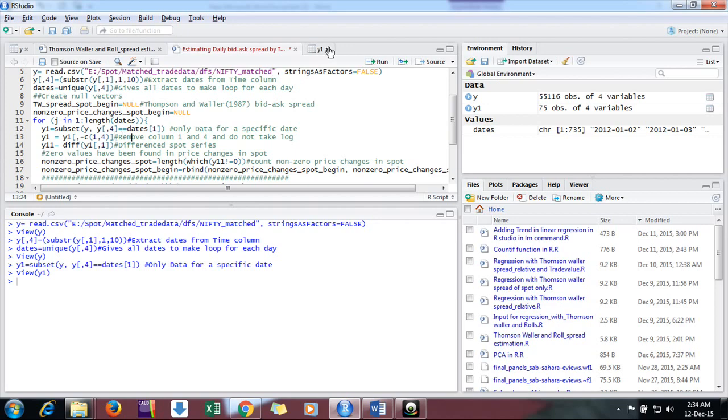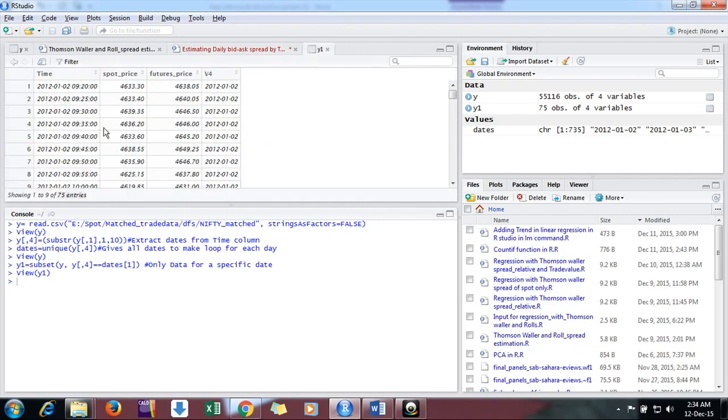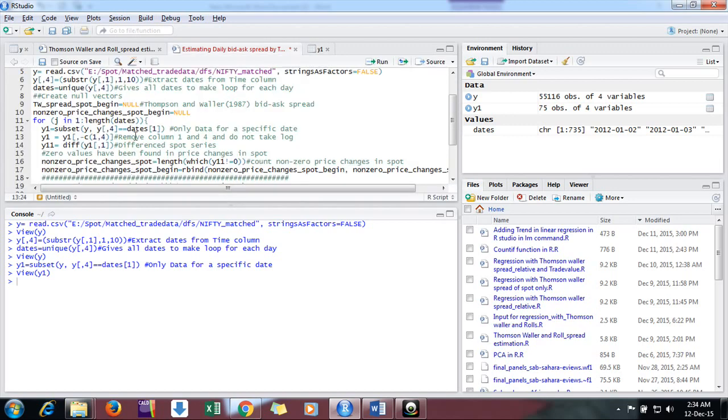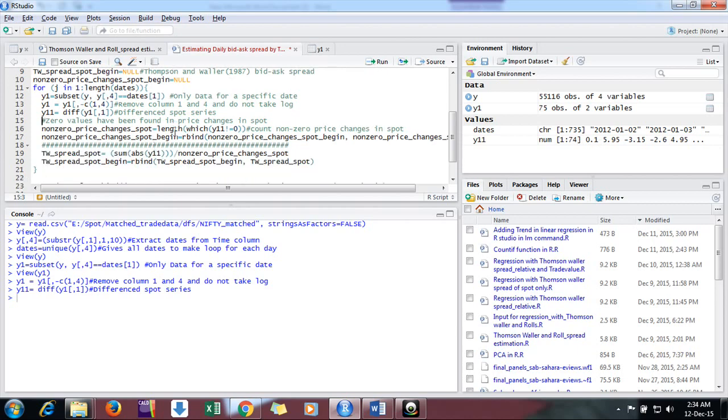Now I have extra columns, time and date. I need to remove those by this command. I am just removing them and then taking the difference of spot. So now if I see, y11 is giving me 74 price changes. Here I am computing by giving length and the which command.